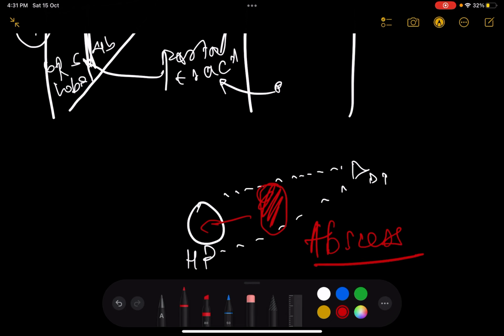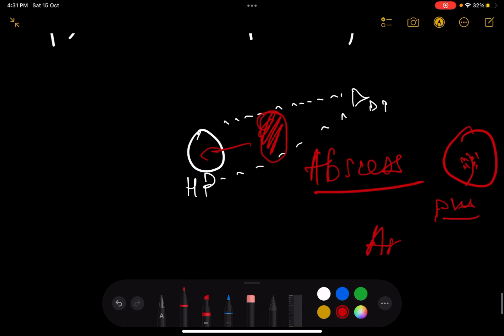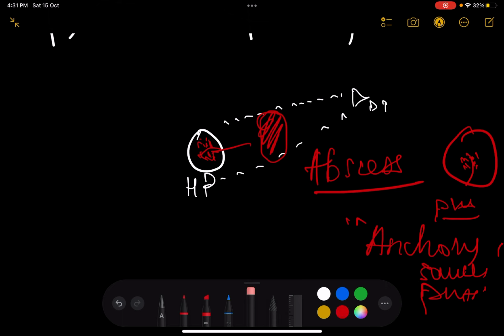Now the abscess has, at the center, pus, which we call anchovy sauce pus. So this comes as a classical one-liner: which disease has anchovy sauce pus? Well, that's it. Anchovy sauce pus is by this, and what happens is that these abscesses, when they reach the portal hepatic vein, cause occlusion of the hepatic vein.